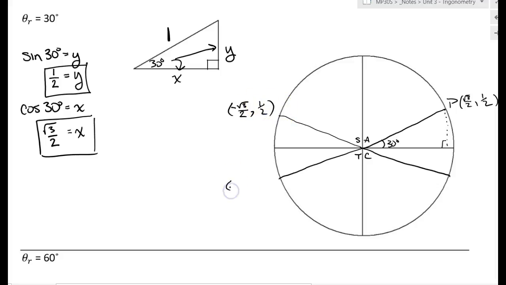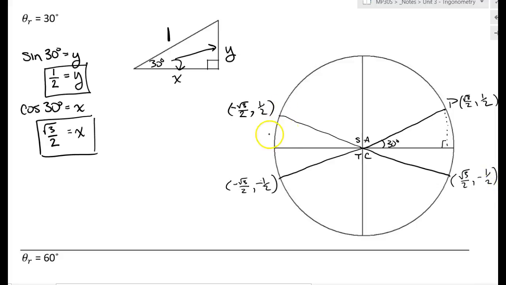This point here, both are going to be negative because tangent is my positive ratio, so negative root 3 over 2 and negative 1/2. And finally, we've got cosine is positive. We're back in our positive x-axis, so it's going to be root 3 over 2 and negative 1/2.